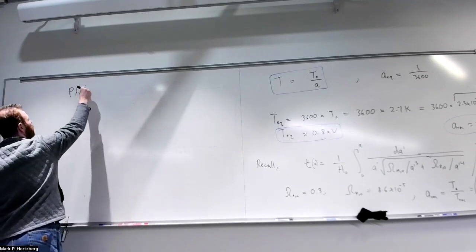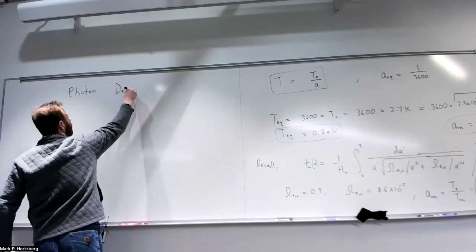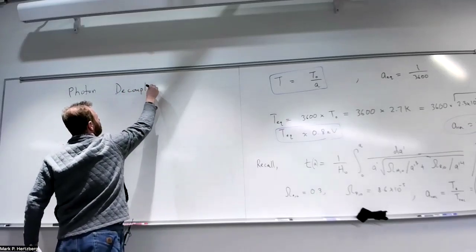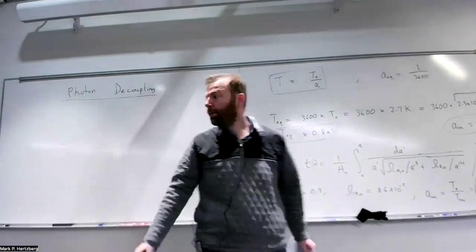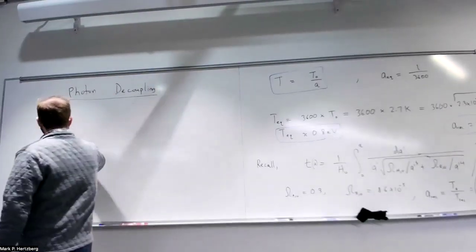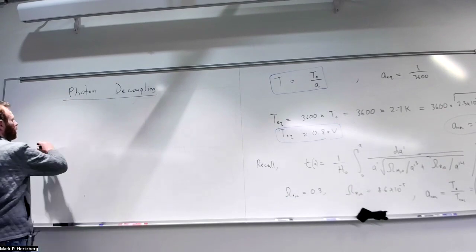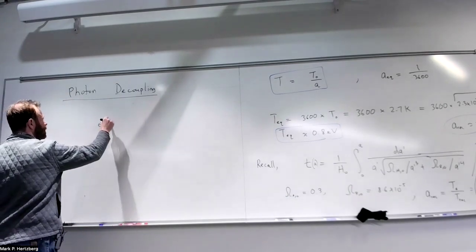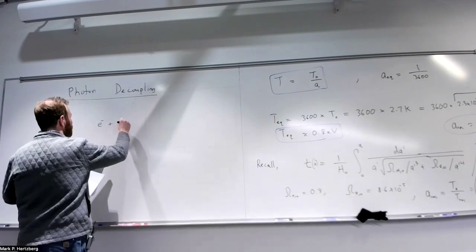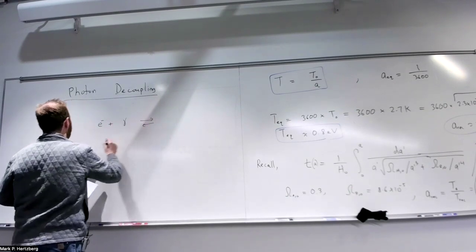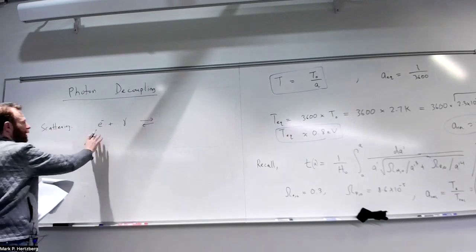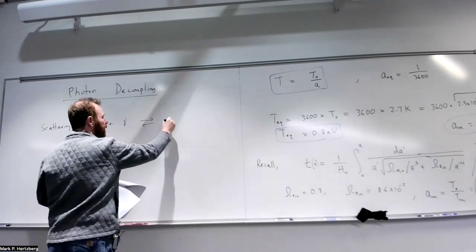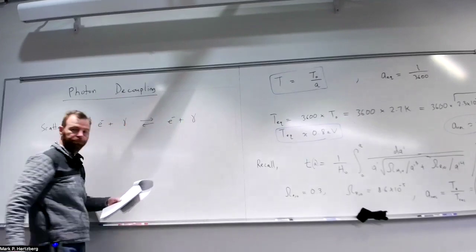Okay, so this is the issue of photon decoupling. The basic process we're studying now is electrons plus photons just scattering. That's all it is. Whenever there are some free electrons, they can scatter like this.